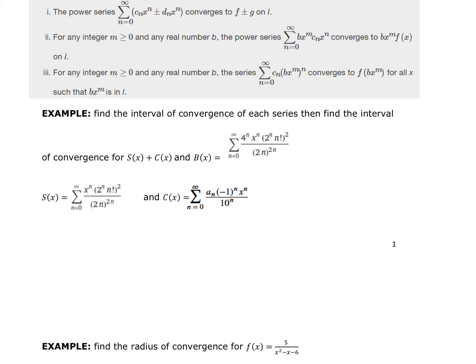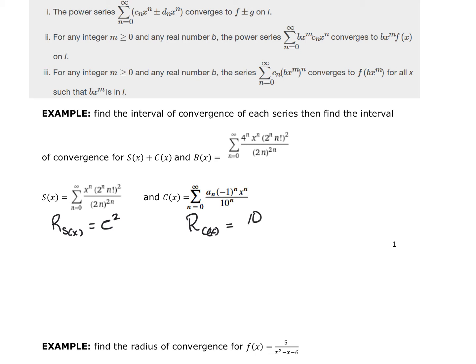I'm not going to go through finding the radius of convergence because we did that in our last video, but I do know the radius of convergence for s of x is equal to e squared. And the radius of convergence for c of x is equal to 10.